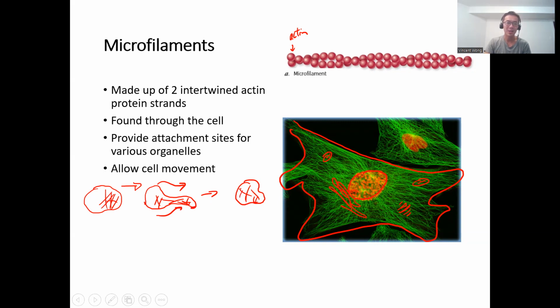Do you understand what I'm trying to show you? Think of the hand as the cell. It wants to move forward, so it pushes all the actin forward, grabs onto the new point, and then drags itself forward. Pull, drag, pull, drag. That's kind of what happens. So the actin, the microfilament, allows things to attach in the cytoplasm and allows the cell to move around in the body.